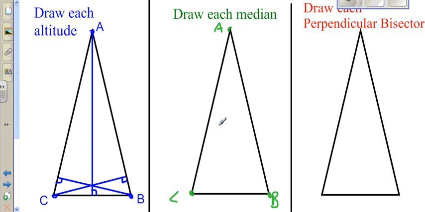Now I have to find the midpoint of each side. The midpoint of AC is going to be in the middle. Let's call this midpoint M. I know M is going to split AC exactly in half, so AM is congruent to MC.